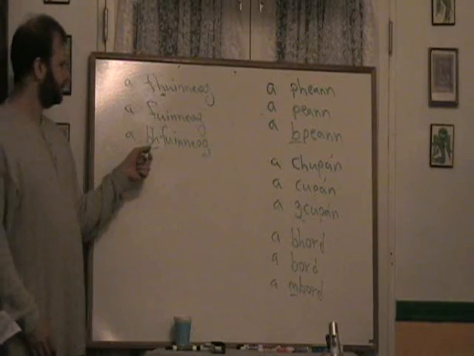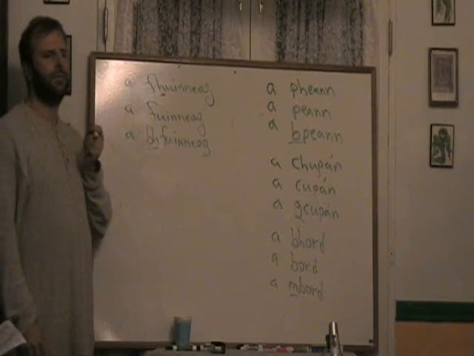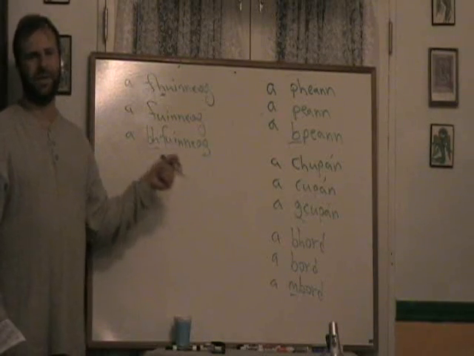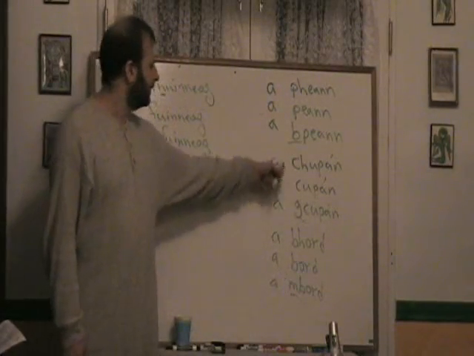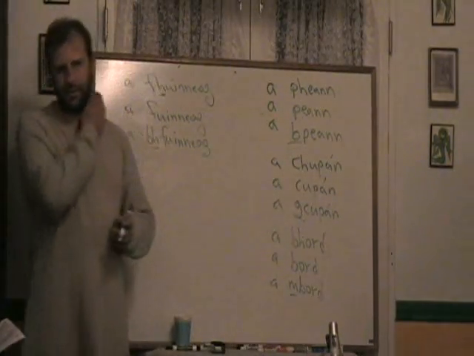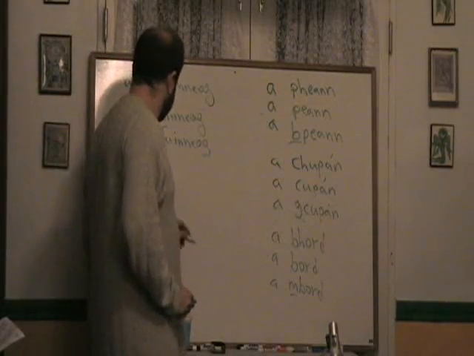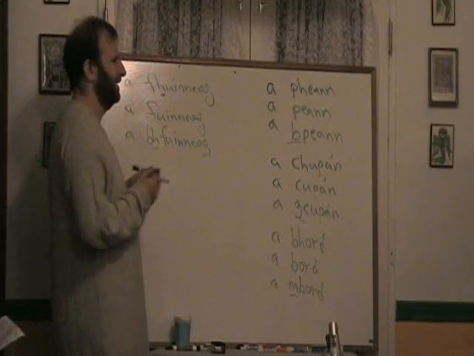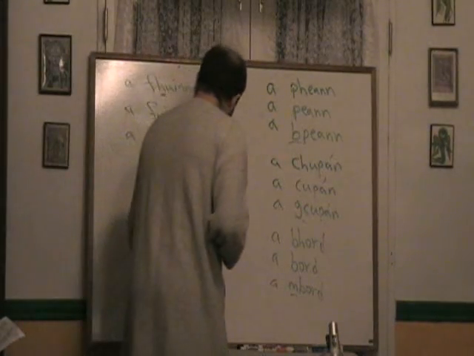Okay? So the thing that goes in front of the F is a BH. So whenever you do eclipsis on an F, it's a BH. Whenever you do it on a B, it's an M. Whenever you do it on a C, it's a G. What may help is if you remember any of the place names. How do you say in Coronado? Coronado.